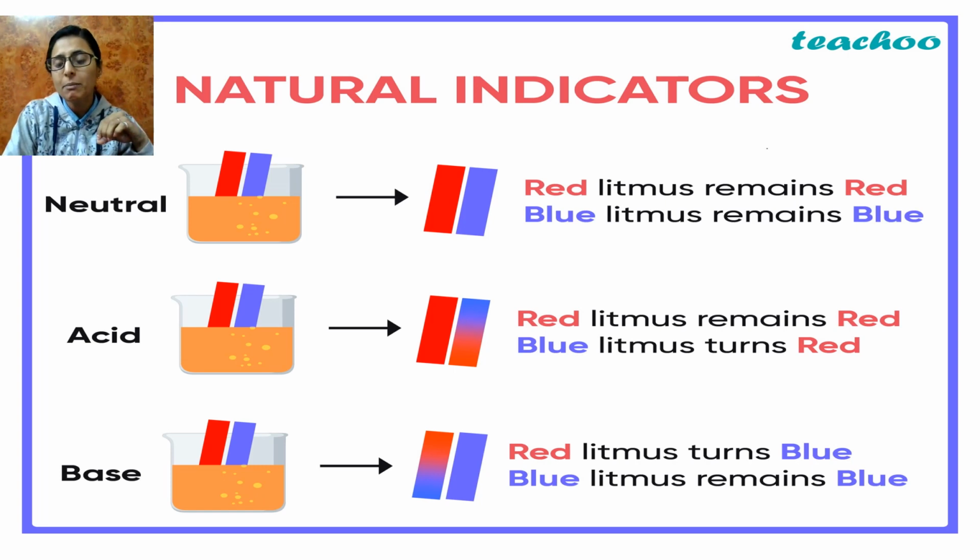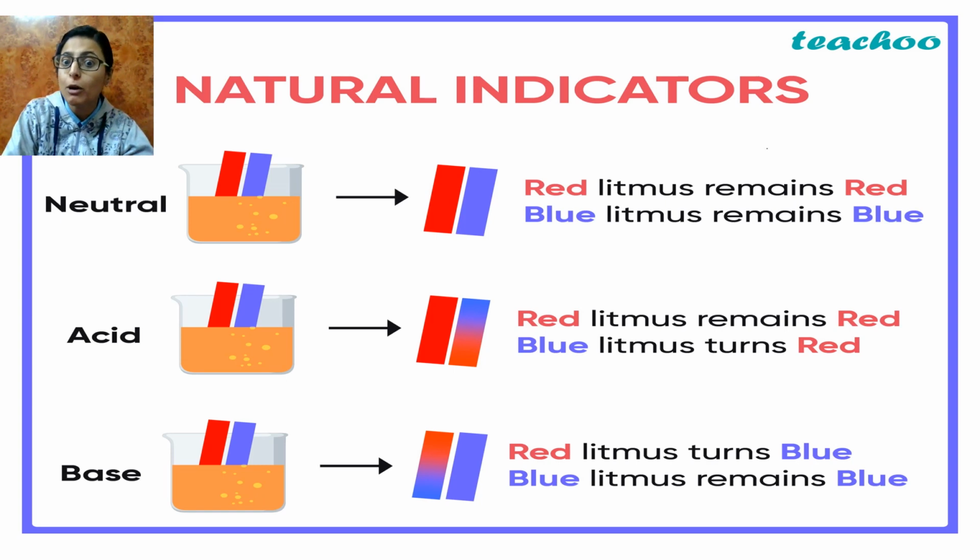Dip the red litmus paper. Yes, the red litmus paper does not change its color. It remains the same. Then turn to the blue litmus paper. When we dip the blue litmus paper, it also does not change its color. It's simple: in a salty solution, there is no effect on red and blue litmus paper.